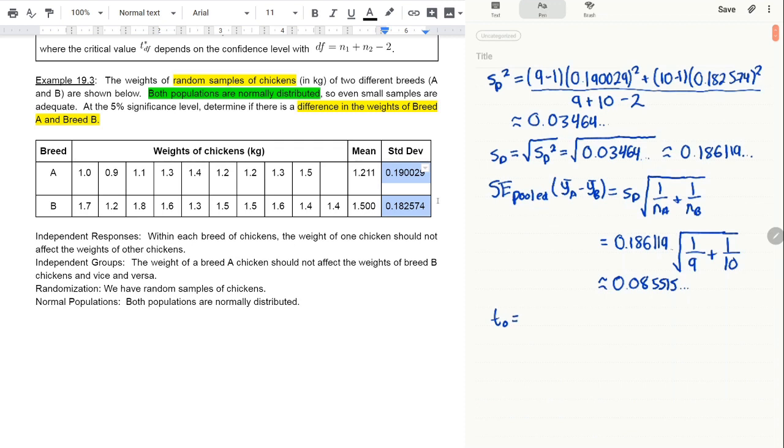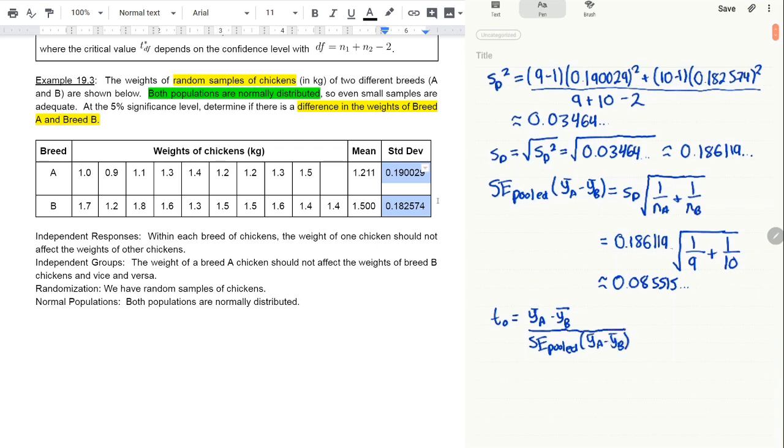Okay, so now we can calculate our test statistic. So we subtract the two means of both chickens.